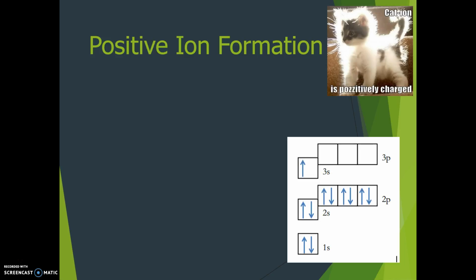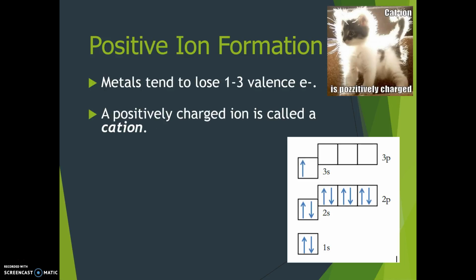This whole process of positive ion formation happens for many of the metals on the periodic table. Those yellow-tiled elements tend to lose between 1 and 3 valence electrons, giving them a positive charge. We call positively charged ions cations. So again, sodium in its ground state has an electron configuration of 1s2, 2s2, 2p6, 3s1.